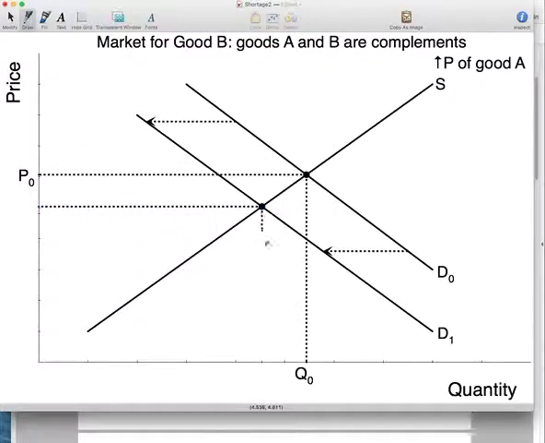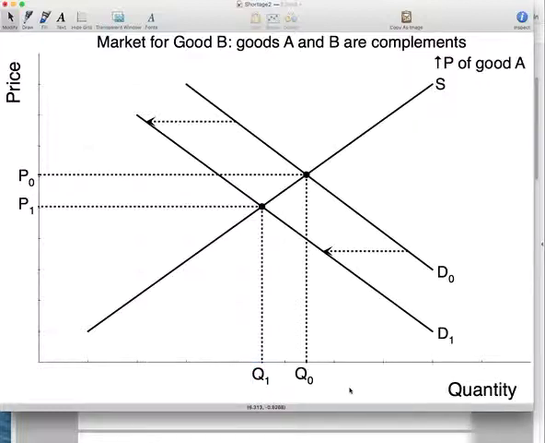And I go from the equilibrium point straight down to get the equilibrium quantity. And for brevity's sake, I'll just copy and paste this price 0, rename it price 1, and do the same thing for Q0 and Q1. Let me get rid of that. Let me delete that. And this is going to be Q1.